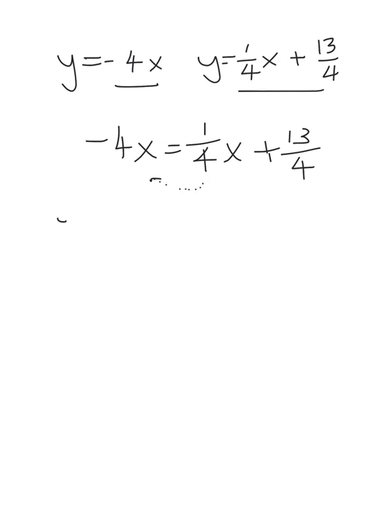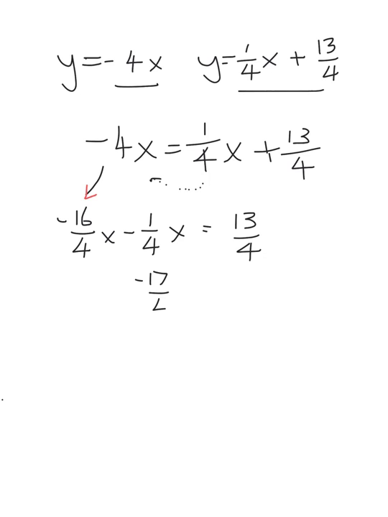We're going to convert this one into fourths. So 4 is 16 over 4, so it's negative 16 over 4 minus 1/4 x equals 13 over 4. So negative 16 minus 1 is negative 17 over 4 x equals 13 over 4.